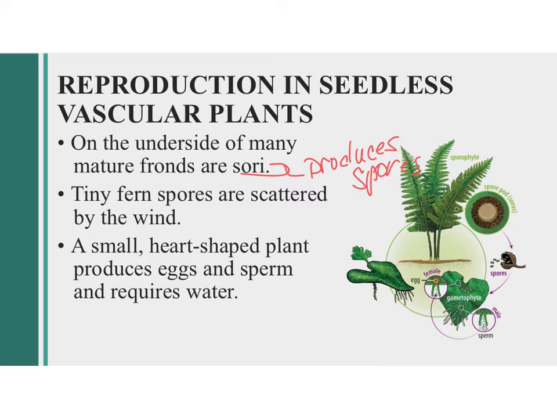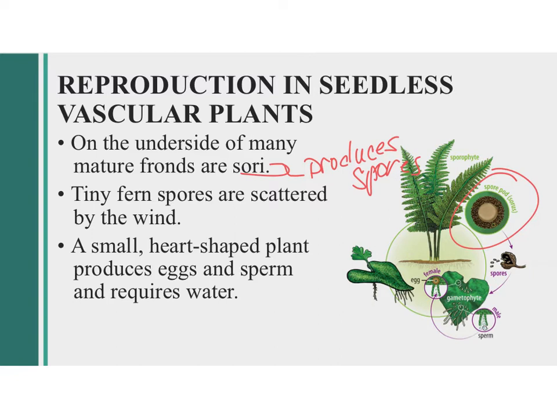So then tiny spores are scattered by the wind, okay? You see here a spore pod right here. And then it's opening up and the spores are coming out. All right, so tiny fern spores are scattered out by the wind.